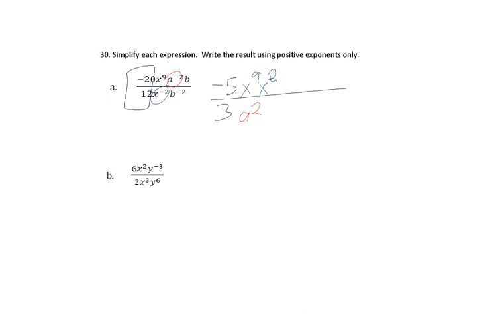And b^-2 can also move up top, so it becomes b^2 with b. If you have letters on the same side, that means add. Here's what I mean. You still have negative 5 over 3. For the x's, 9 plus 2 becomes x^11. For b, 2 plus 1 is b^3. And a^2 is a^2. That's it for that.